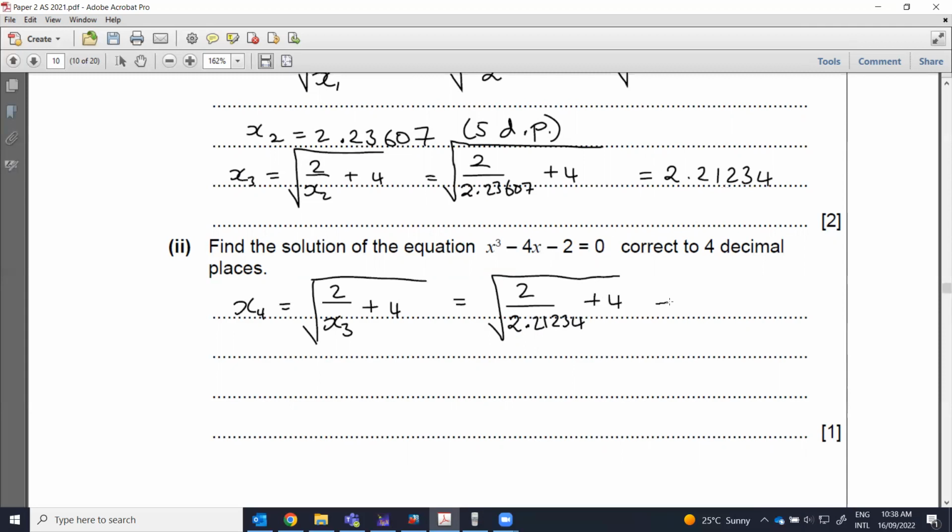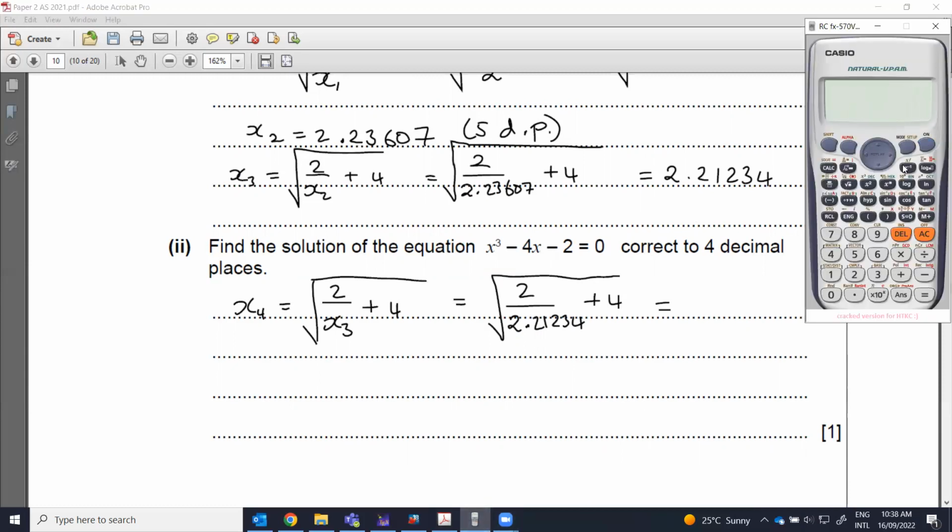So we type this in on our calculators: square root, fraction 2 over 2.21234, plus 4.